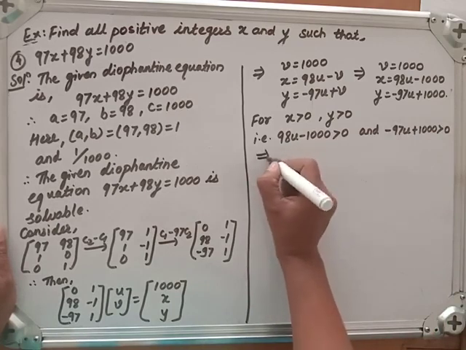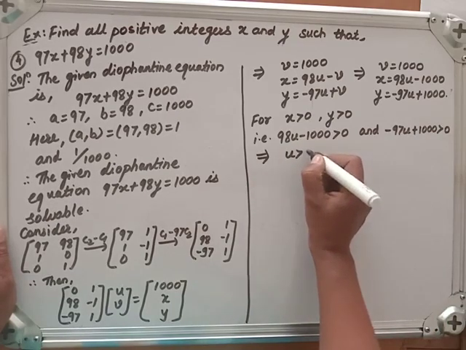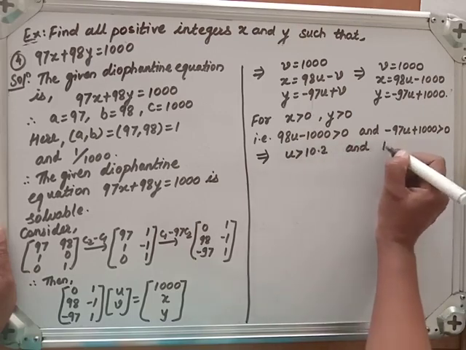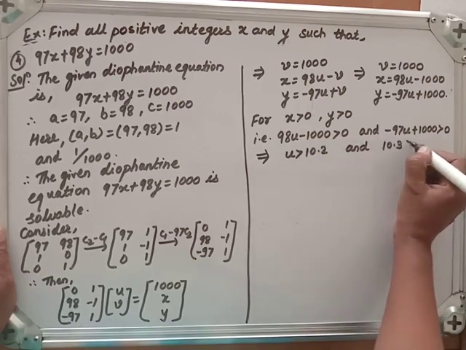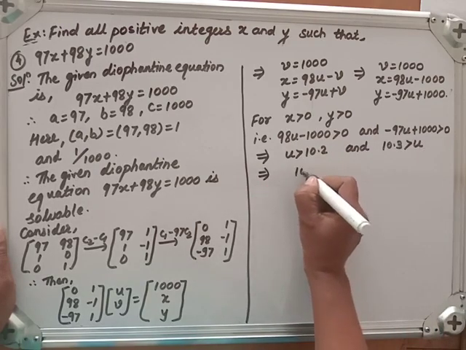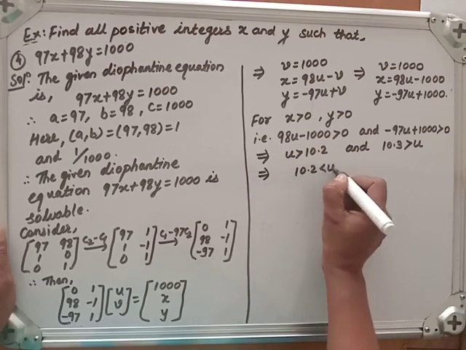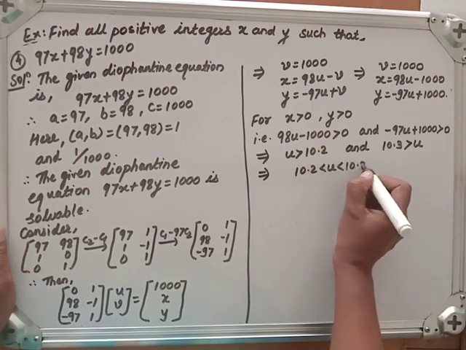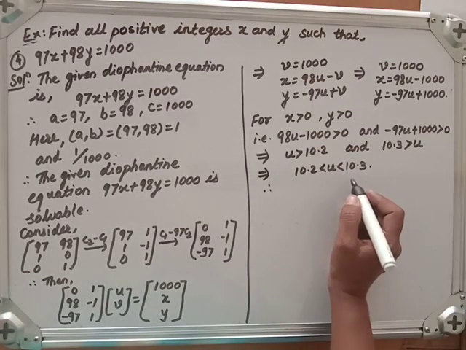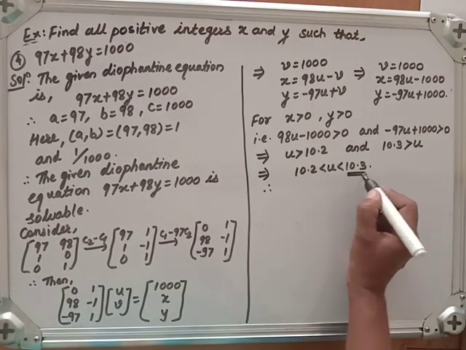So this gives us u is greater than 10.2 and 10.3 is greater than u. That is 10.2 less than u less than 10.3.